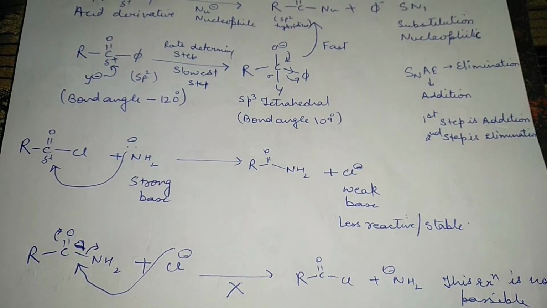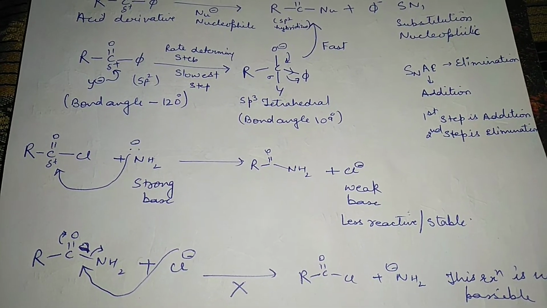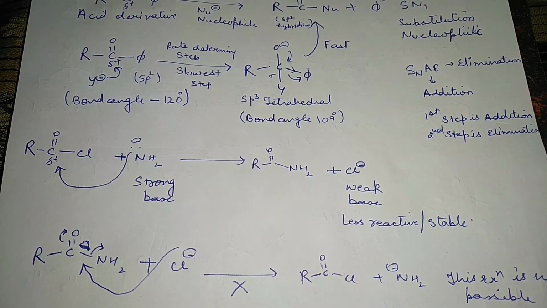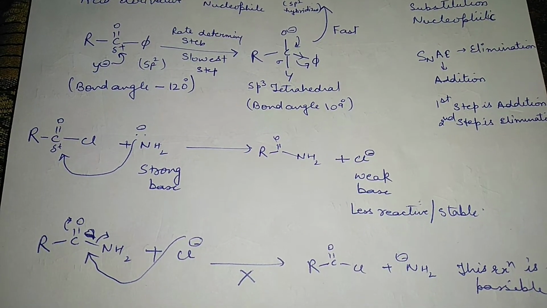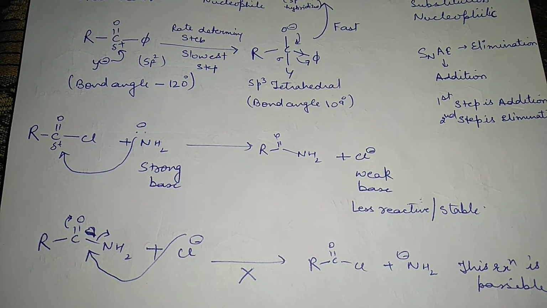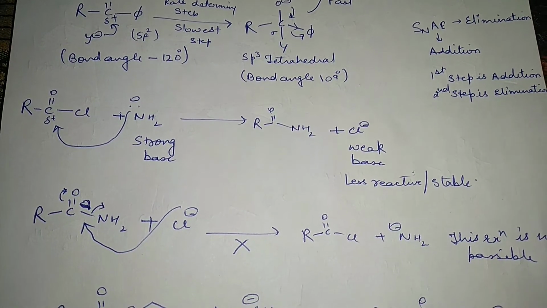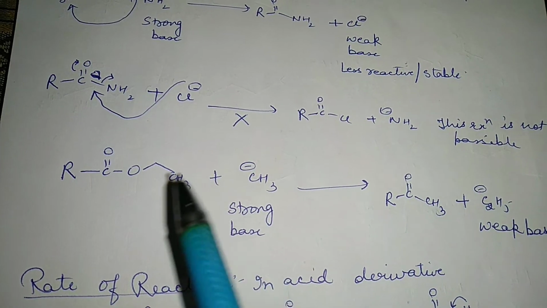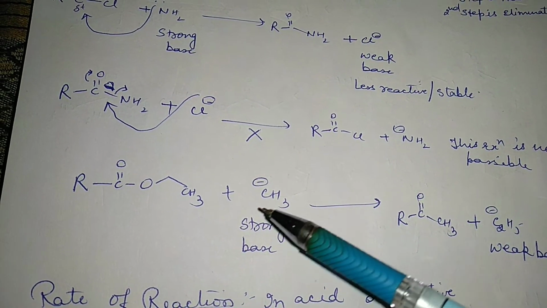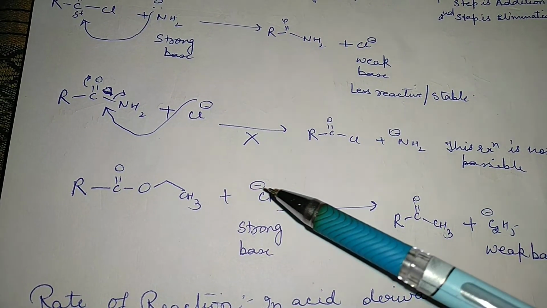Alright, hope you understand the basic concept behind this reaction, that whenever there is a nucleophilic substitution, the nucleophile has to be a stronger base, then only this reaction will happen. Alright. Now coming on to the next one, that is your ester. Here you can see the stronger base again, that is your methyl.